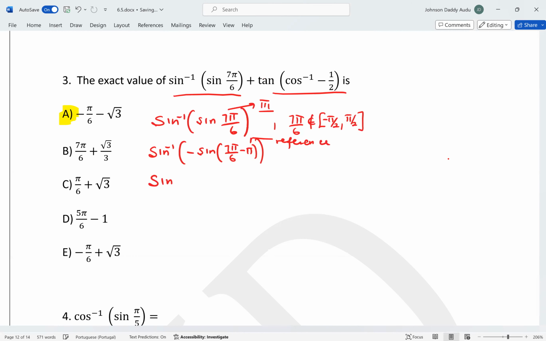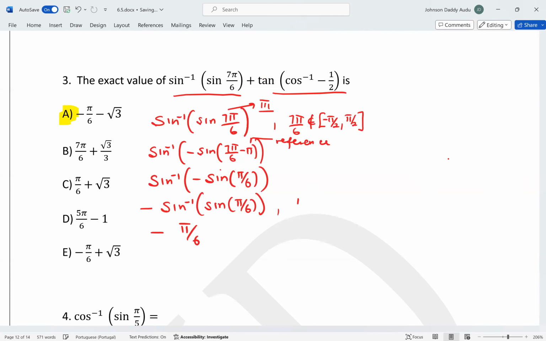So we will have sine inverse of minus sine of what? Pi over 6, right? But sine is odd, so this negative can come out. So you have minus sine inverse of sine pi over what? Over 6, right? And this is just going to be minus pi over 6.